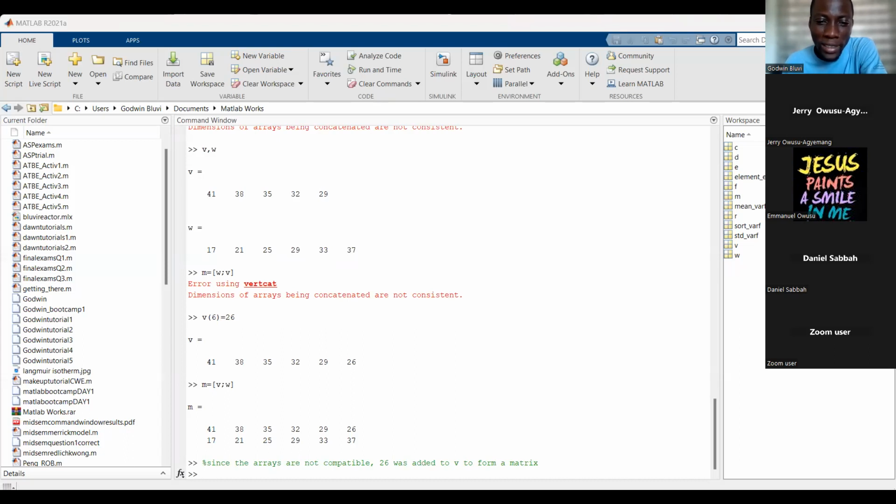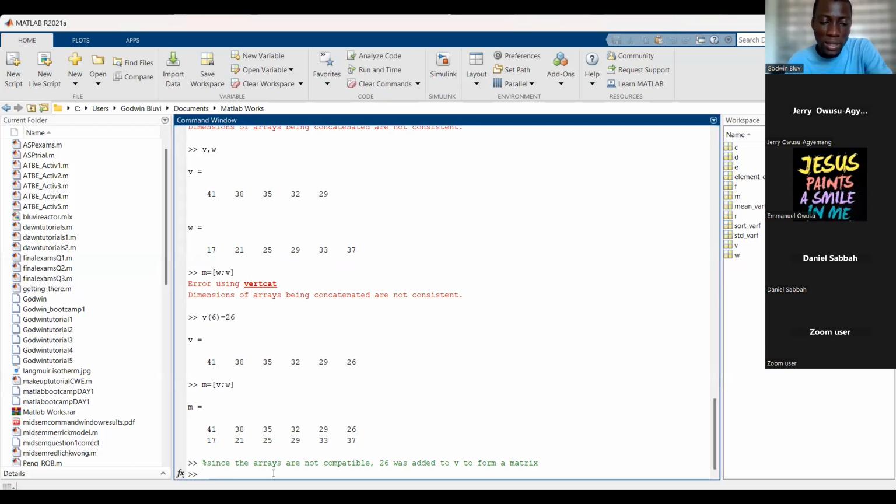So create 2 column vectors T, 5:5:25 transpose, S, 27:2:33 transpose. So let's create that. So activity 1C.